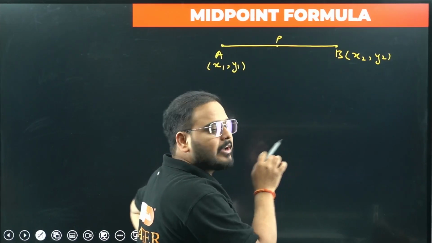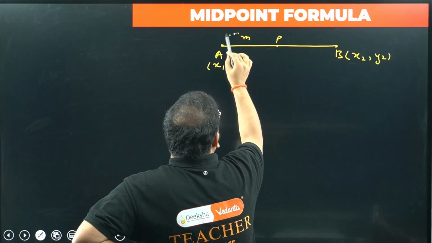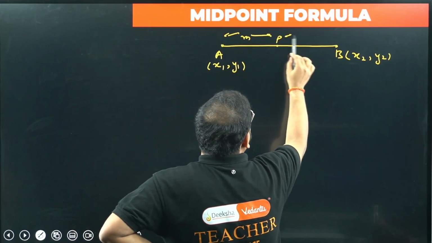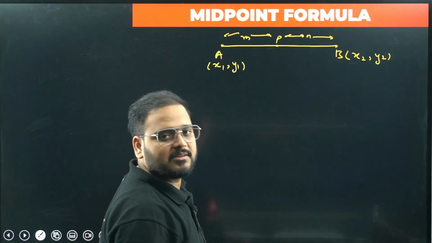What is the line AB? The line segment joining the points A and B, which divides the line AB in the ratio M to N. The ratio of the lengths of the sections is what?